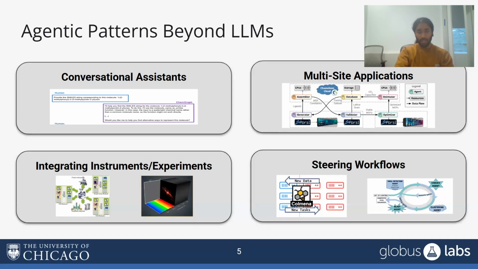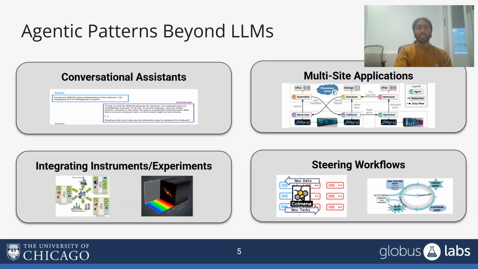And both of those things tie into, we want to steer workflows as they're happening. We want to adjust the tools we're using based off of the data that's coming in, or we want to decide which molecules we need to simulate as the environment changes, as the goal changes, or as we learn more about experimental results from the facility.